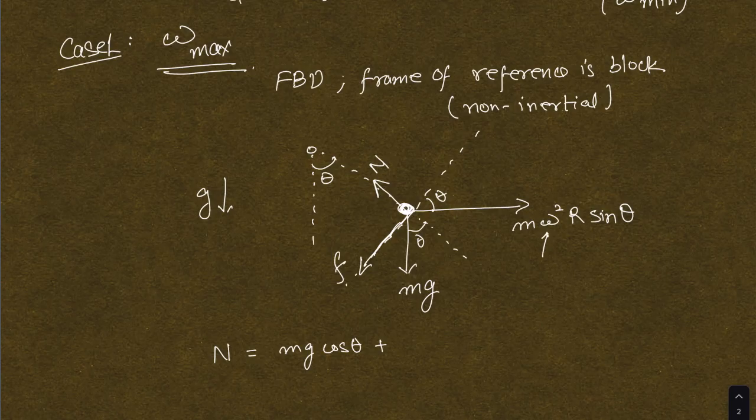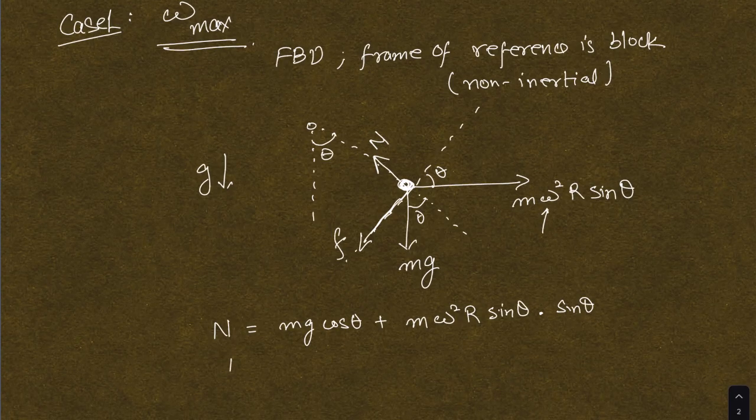The other component, in the direction opposite to n, is m omega square r sine theta times sine theta. So n is mg cos theta plus m omega square r sine square theta.